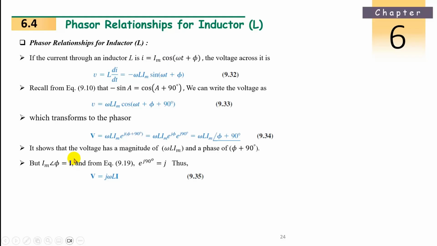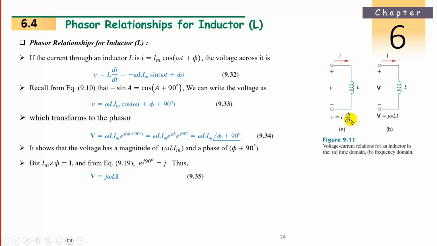But in Ohm's law for the resistance, it is purely R multiplied by I. Here an extra term is coming, jω, an imaginary term. It is coming with multiplication with the L. The same will come in the capacitance also, but in a different form. The jω term always will come.